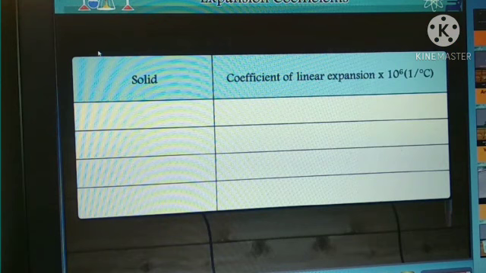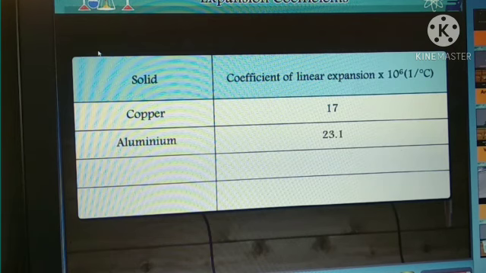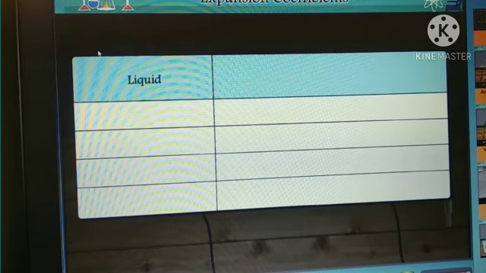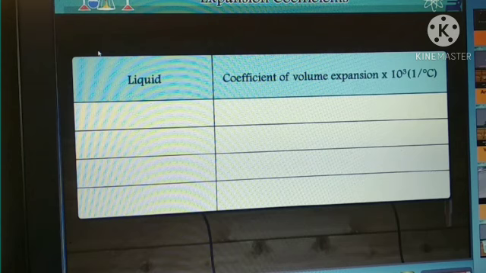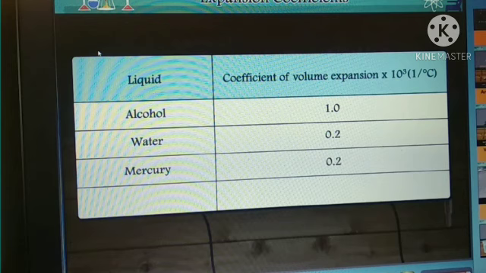Solid, coefficient of linear expansion into 10 raised to minus 6 per degree C. Copper 17, aluminium 23.1, iron 11.5, silver 18. Liquid, coefficient of volume expansion into 10 raised to minus 3 per degree C. Alcohol 1.0, water 0.2, mercury 0.2, chloroform 1.3.